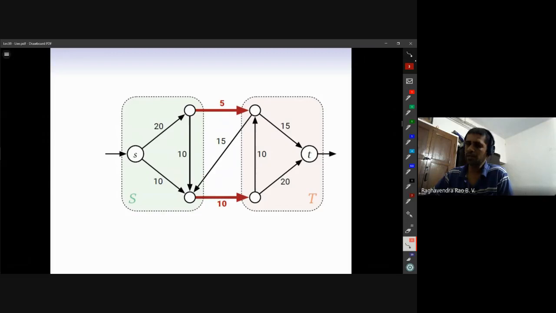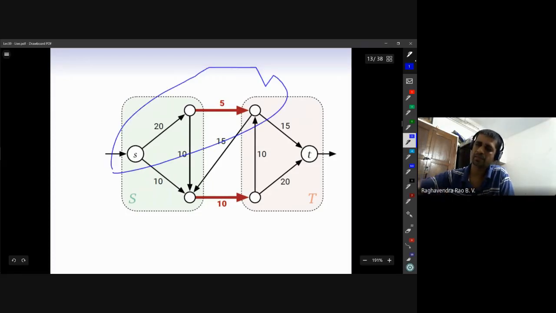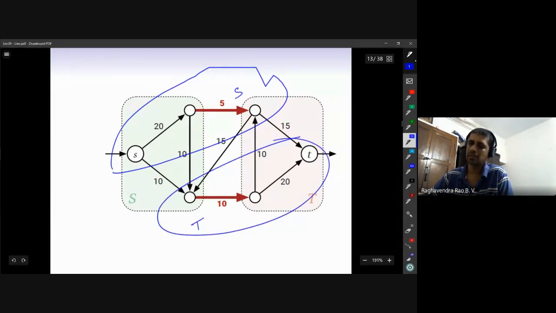This is not the only cut. There are also other cuts. I'll just draw it here, but I'll delete it after the lecture. If I take this as S and this as T, can somebody tell me what is the capacity, the weight of the cut?